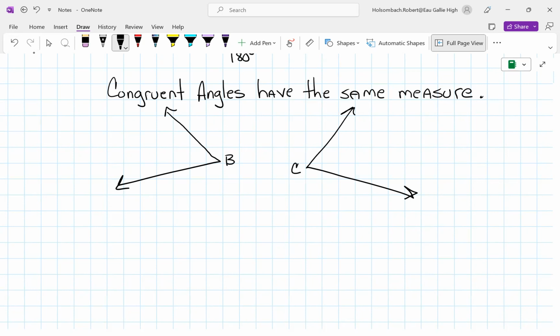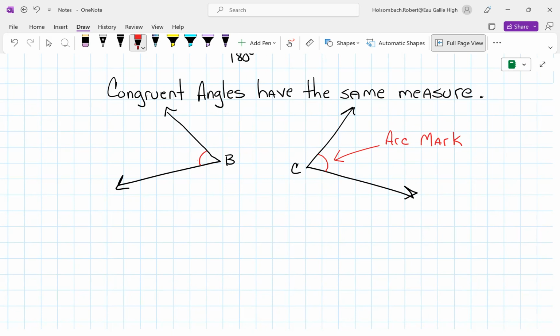Now, like tick marks, angles have what are called arc marks. If we put an arc mark in here, they're usually going to be in red in the textbook. On your quizzes, they may be in black because your quizzes are all black and white. If angle B has an arc mark and angle C has an arc mark, they work just like tick marks.